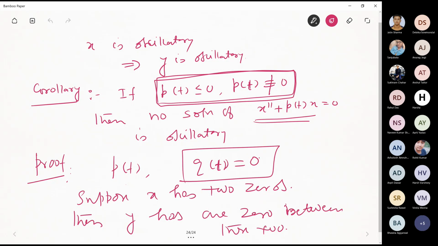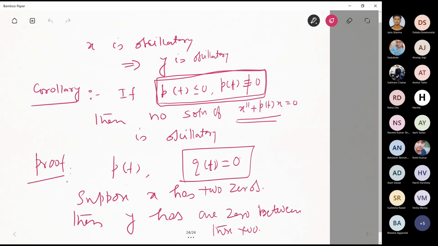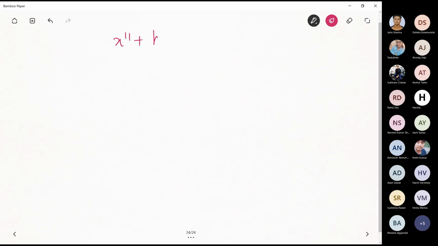Okay, so I considered an equation of a special type, but any second order equation can be converted into this. How do we convert? So this is the special type of equation we considered.